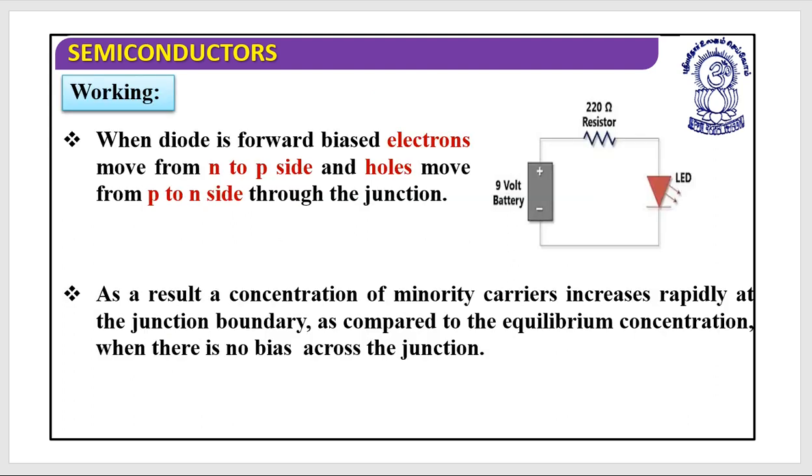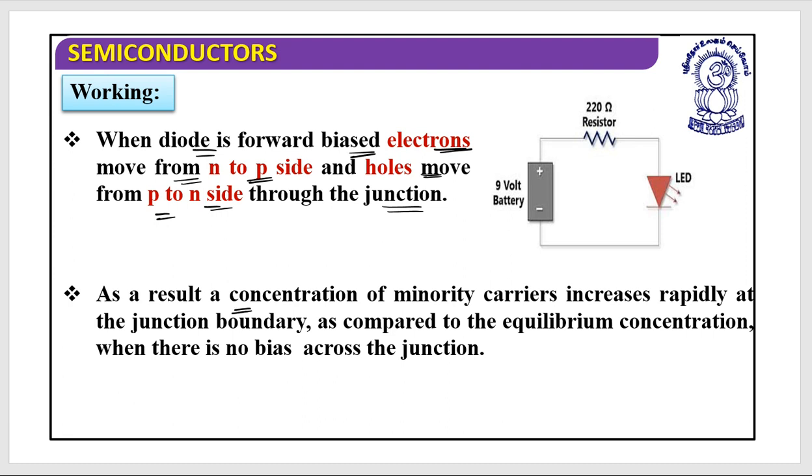Let's see the working of the LED. When the diode is forward biased, electrons move from the n side to the p side, and holes move from the p side to the n side through the junction.